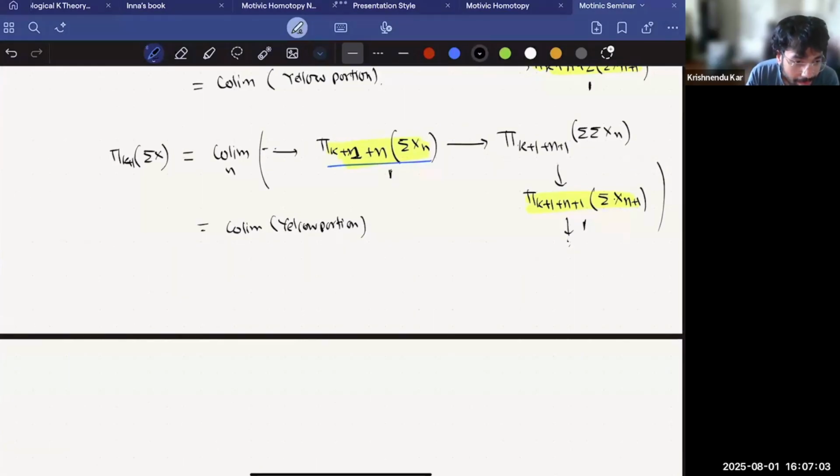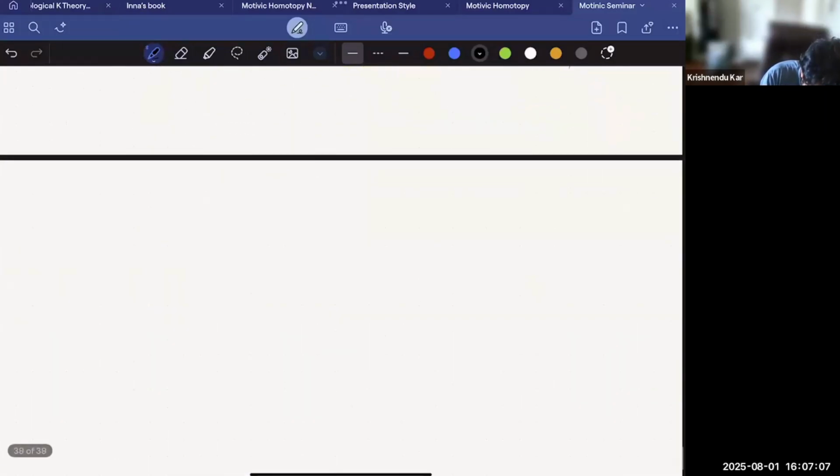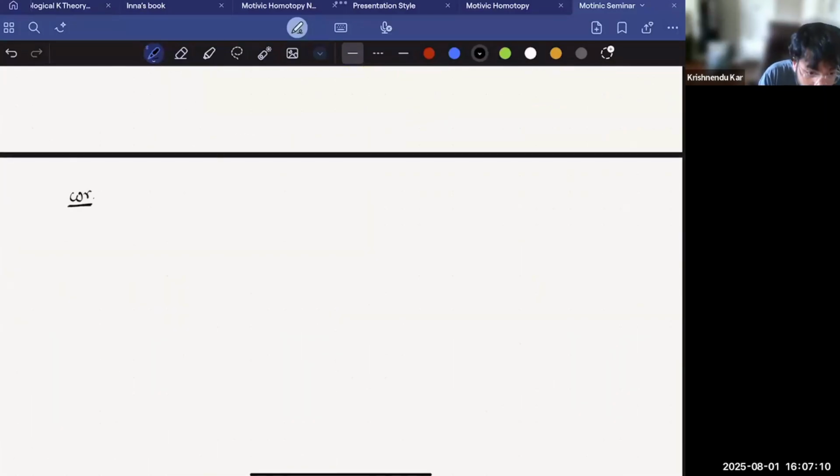The second thing I want to do, as a corollary of this, is that these three things are equivalent.